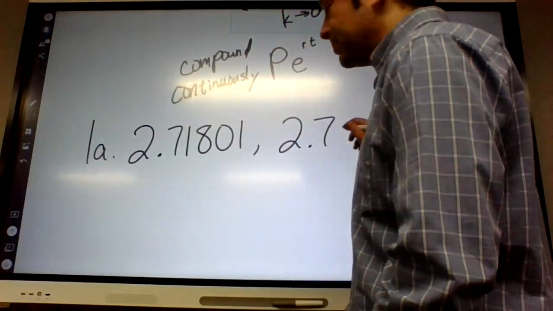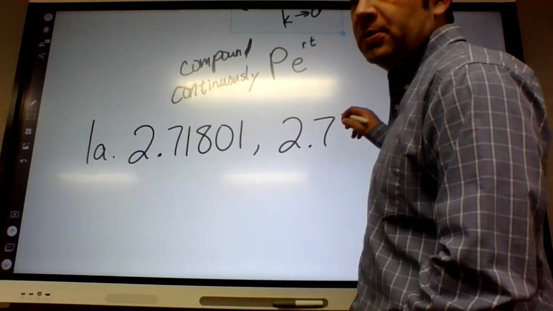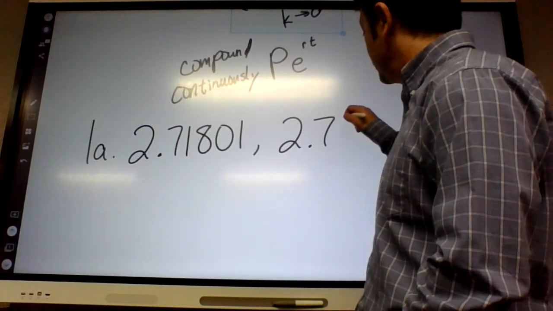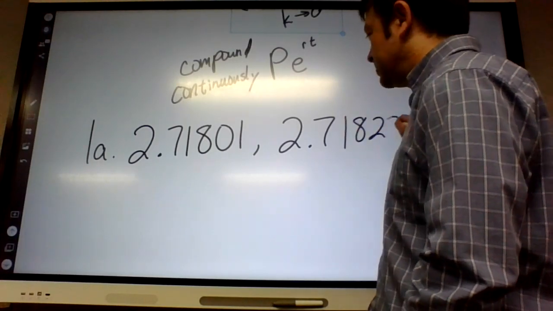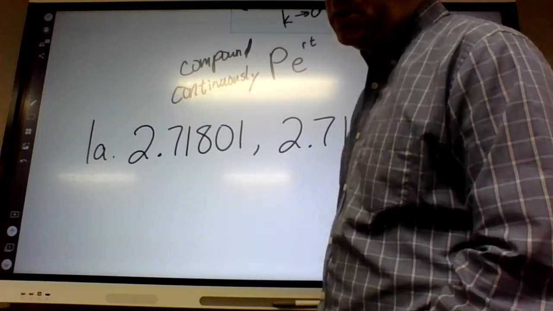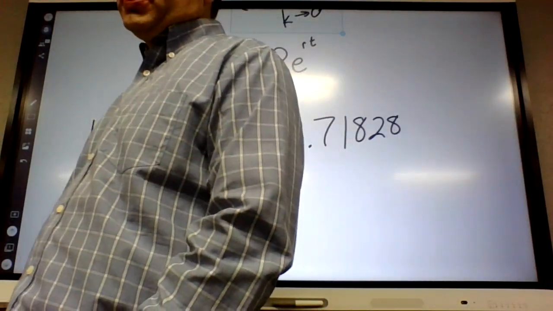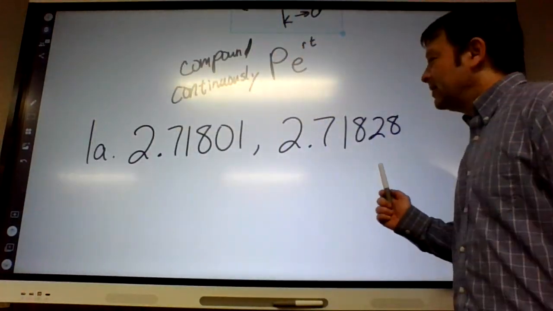Okay, what did you guys get for this one? 2.7 what? 1828. All right, so it went up slightly, right?